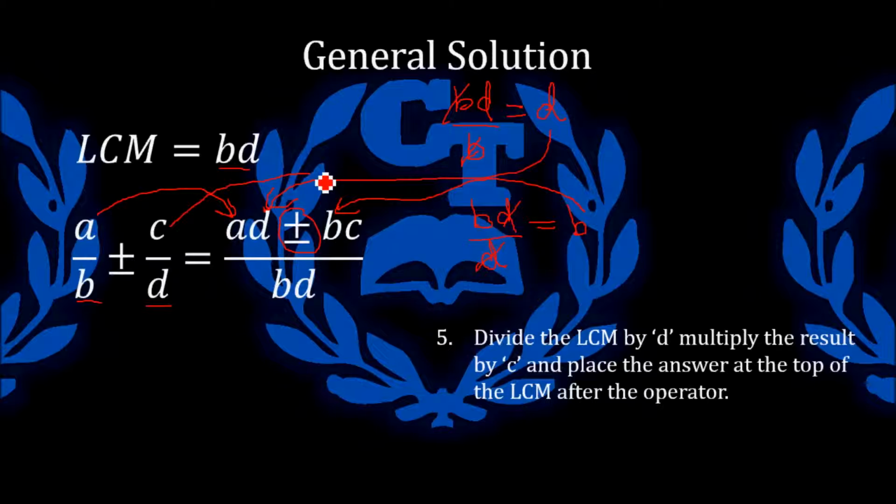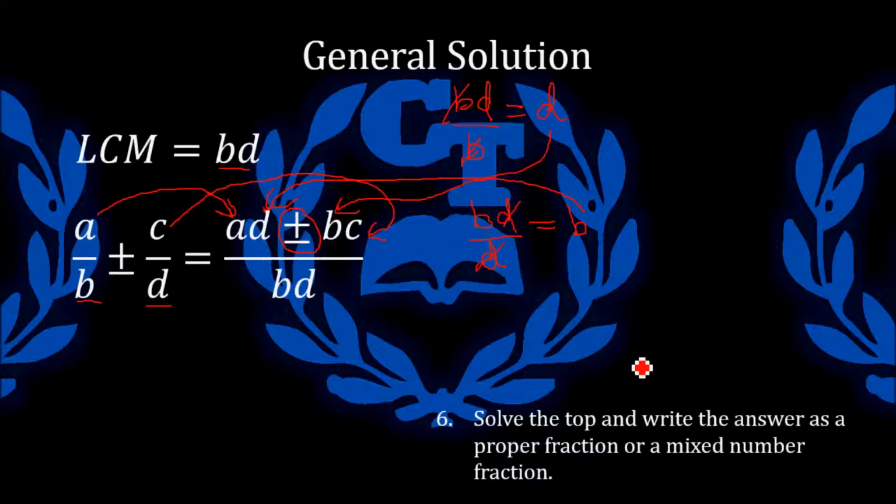You multiply it with the numerator of the denominator D. Notice that you get B by C. Now all you have to do at the final step is just simplify and write it as a proper or mixed number fraction. Since we do not know the values of A, D, B, C, we cannot simplify the top of the fraction, nor can we simplify the bottom because we do not know B or D.